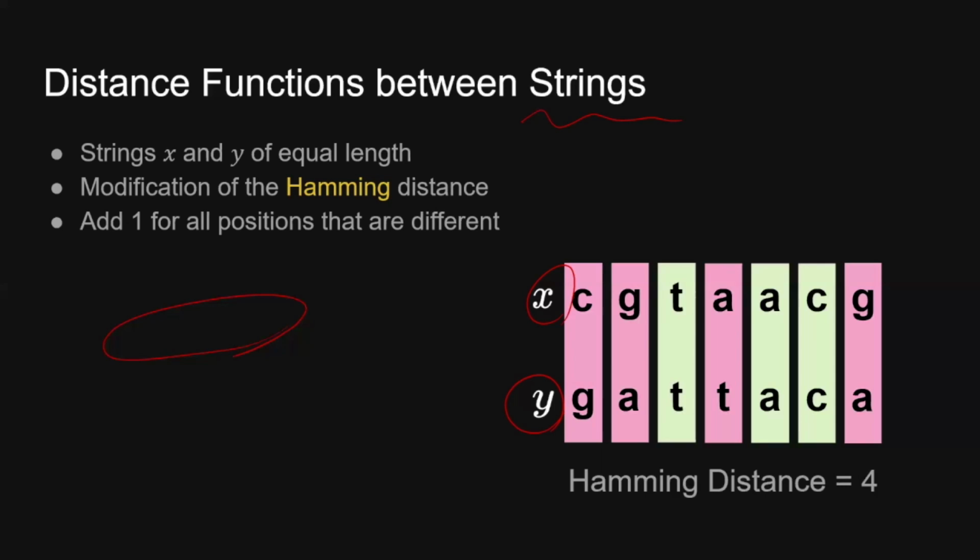So let's say we have a string CGTAACG and another string GATTACA. Then we can measure the distance between the two by counting the number of elements that are not the same. So in this case, the Hamming distance is going to be 4. Right? Now, there's an obvious problem. Nobody tweets at the same length.